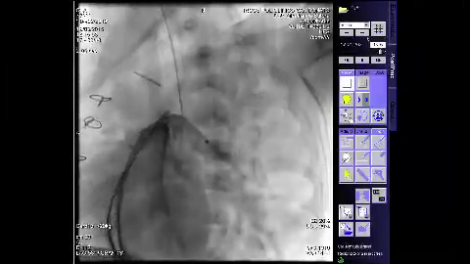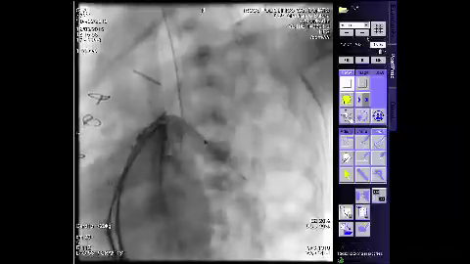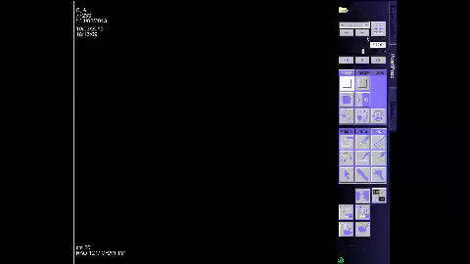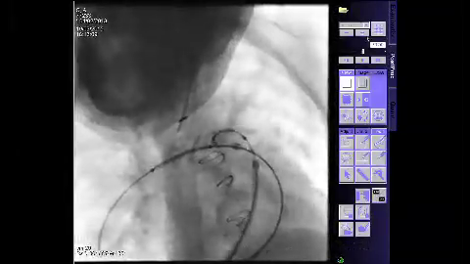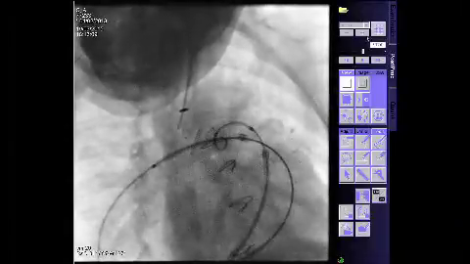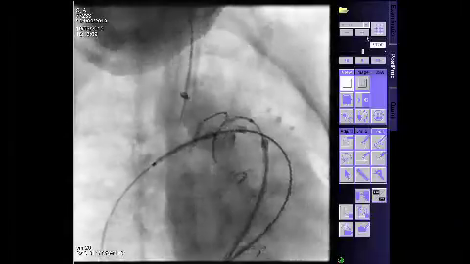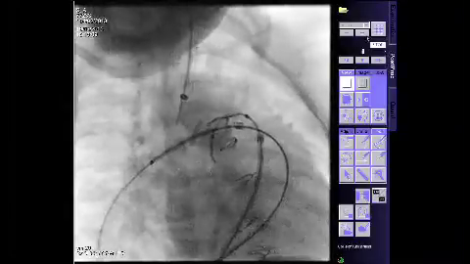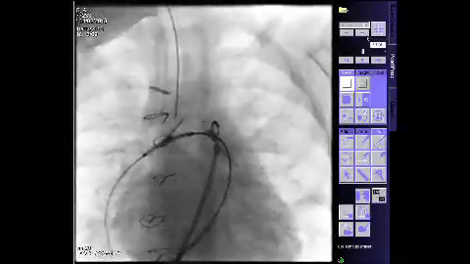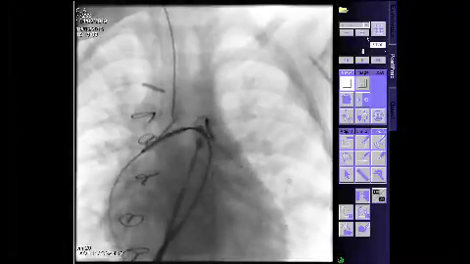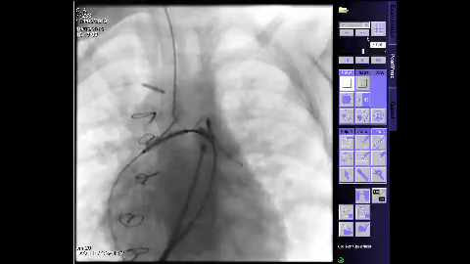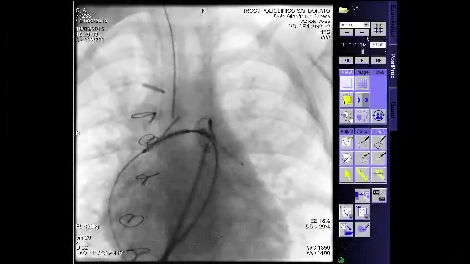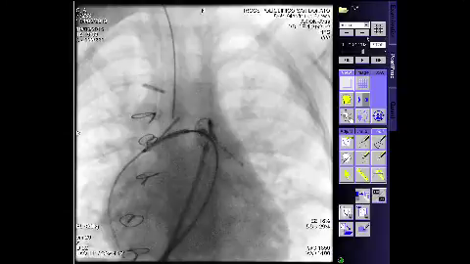So let's switch to the other stent. We do not have a biplane system, but we may do even with that. We may pull back a bit the right atrial stent, and we switch the angiographic system.